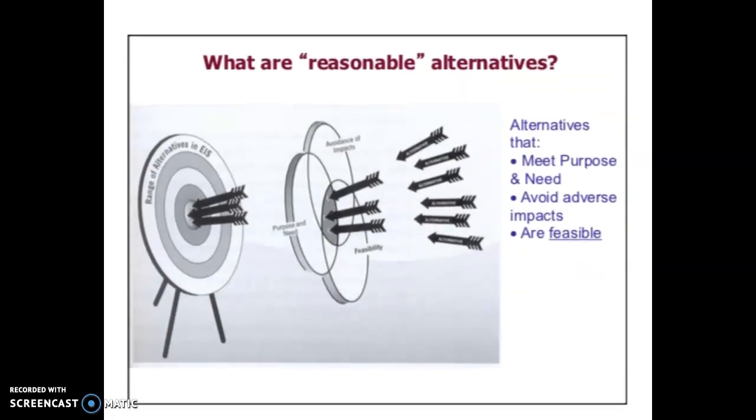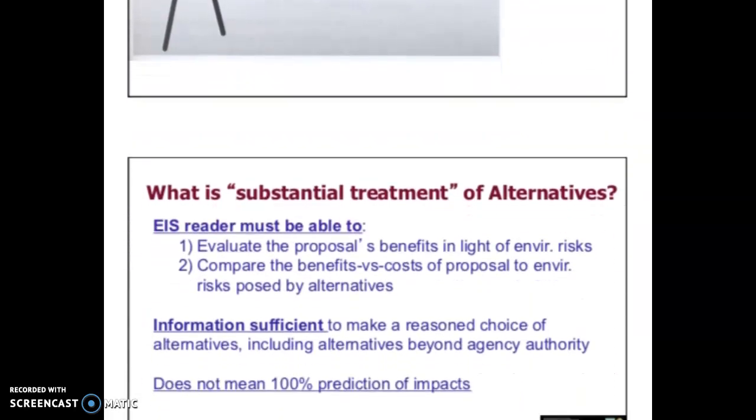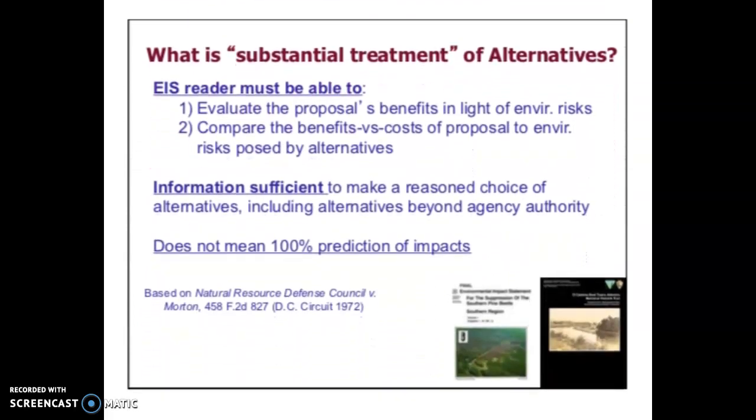This just kind of illustrates this process. So we are required to have a substantial treatment of alternatives within an EIS. The reader must be able to discern the proposal benefits in contrast with environmental risks.